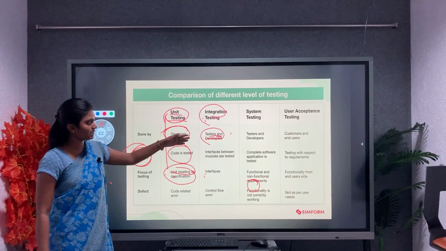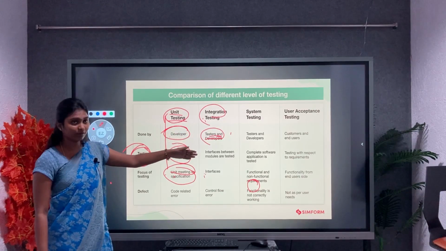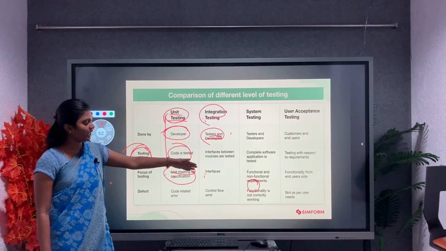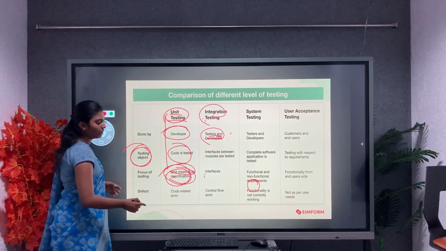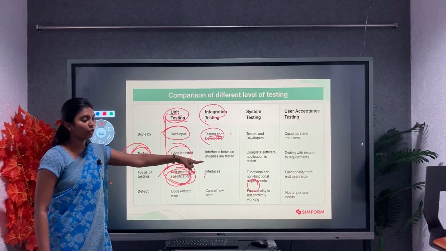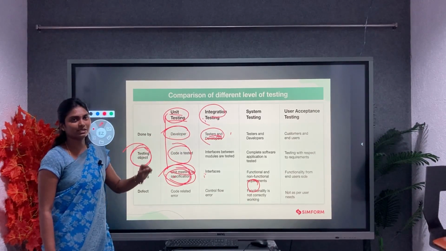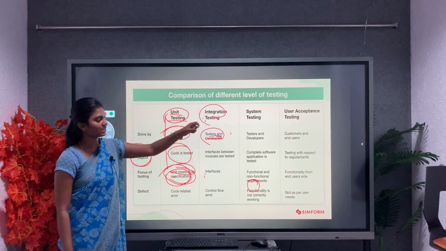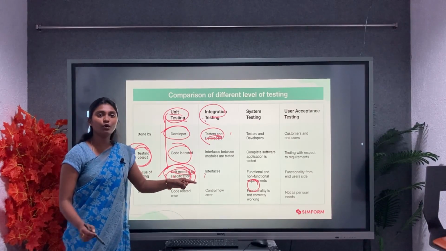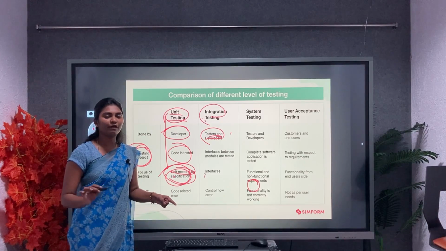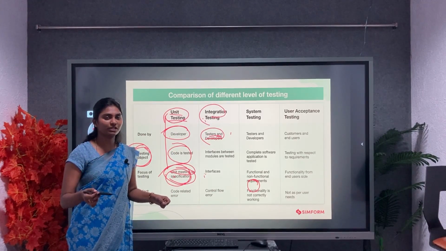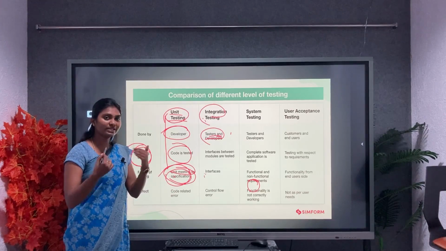System testing interacts with the functional and non-functional requirements. Here the specification requirements are used: functional and non-functional requirements are used in system testing. Coming to user acceptance testing, we define only the user functionalities. We will not define the developer functionalities; only the user is accepting.